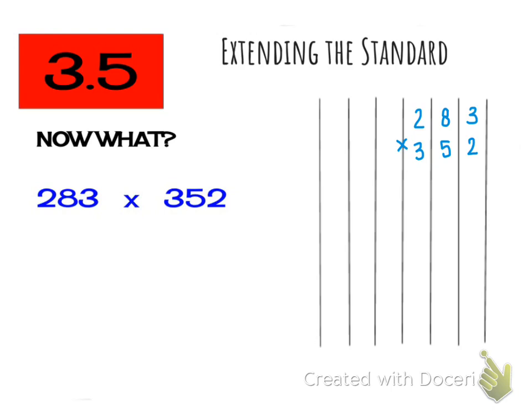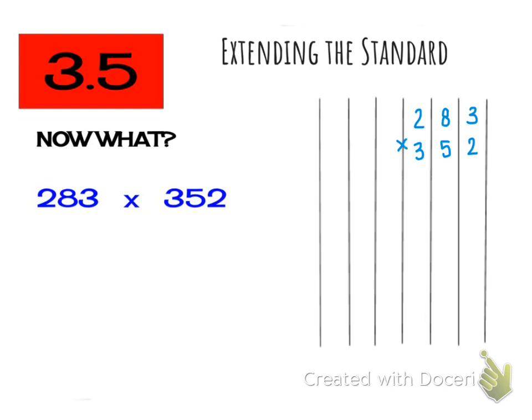When we multiply by the 2, we're going to have 2 times 3, 2 times 8, and then 2 times 2. You have to make sure that you're going in order from one to the next, okay? After that, we're going to multiply by the 5, and that will be 5 times 3, 5 times 8, 5 times 2. And then after that, we're going to multiply by the 3, where we'll do 3 times 3, 3 times 8, 3 times 2.